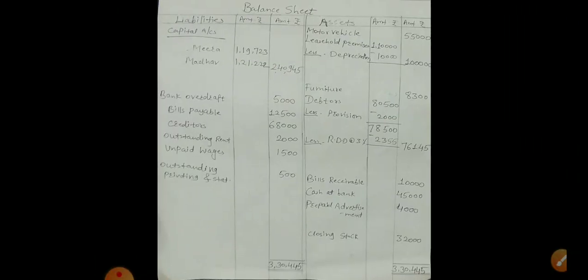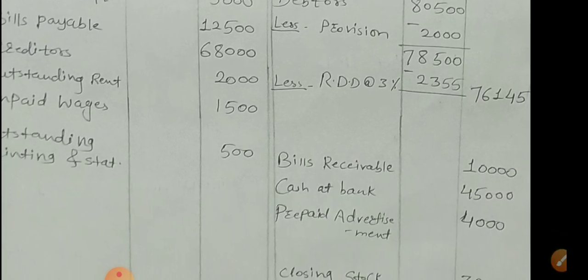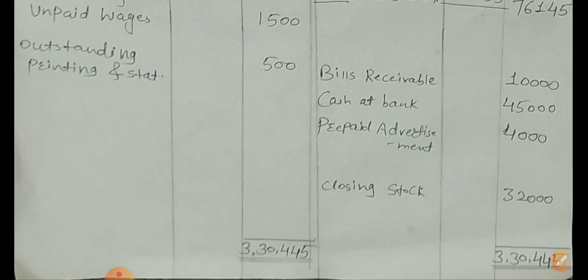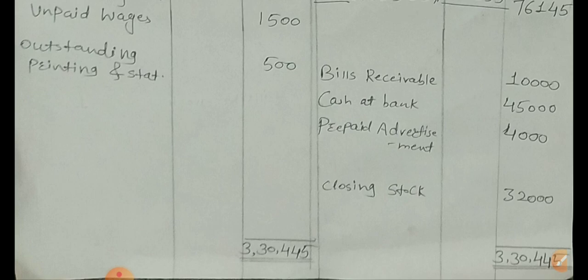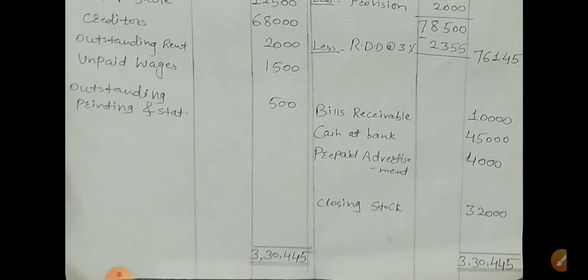Furniture, debtors, we deducted provision and RDD. Then bills receivable, cash at bank, prepaid advertisement, closing stock. At last we will do the total of the balance sheet. It will be 3,30,445. So for now we will stop here.